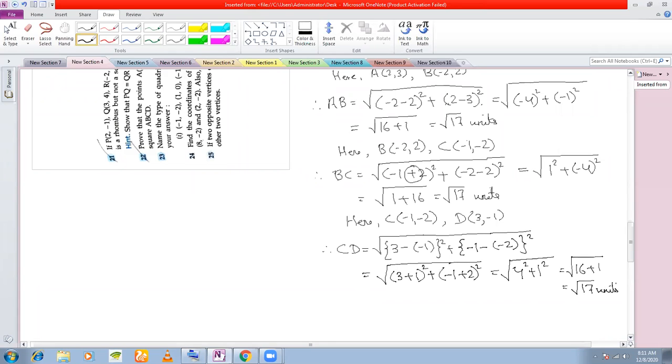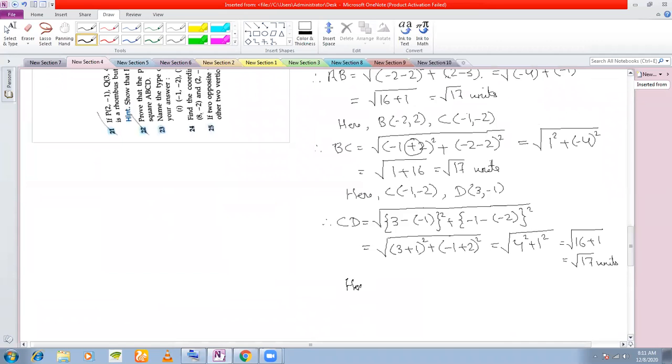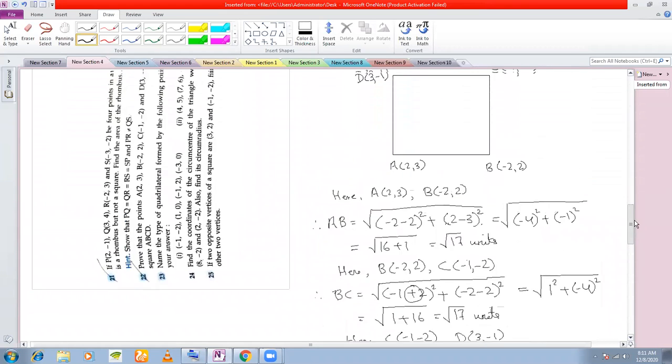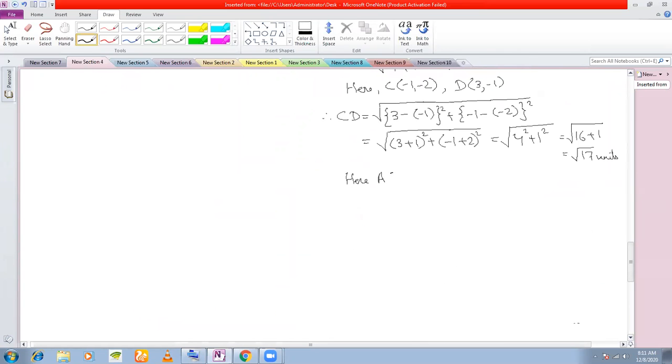And finally the distance AD. So the coordinates of A here is (2, 3) and D is (3, -1).